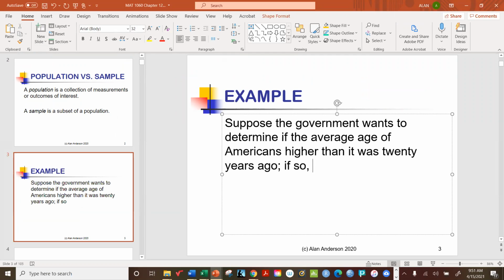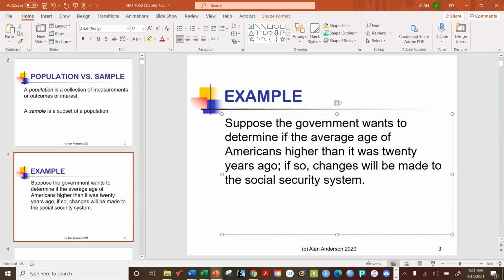If so, changes will be made to the Social Security system. Okay, because obviously they have to find a way to pay for it, but they need to know how much they're likely to need to spend before they make that determination.